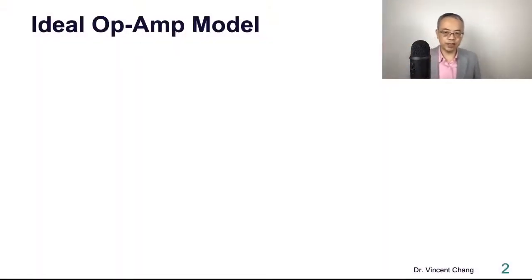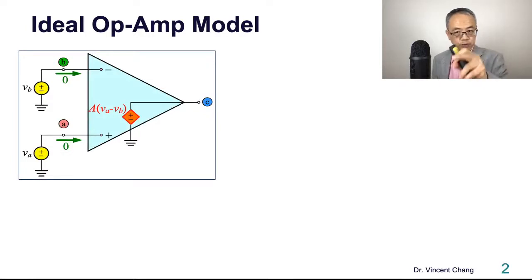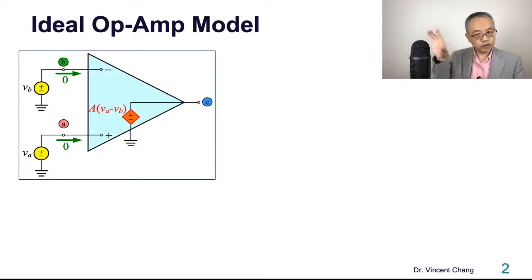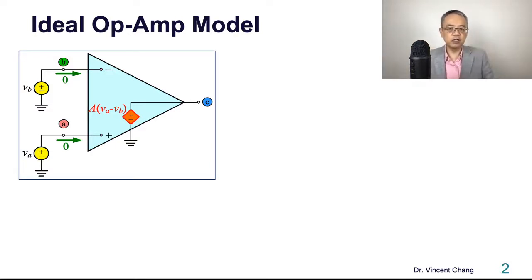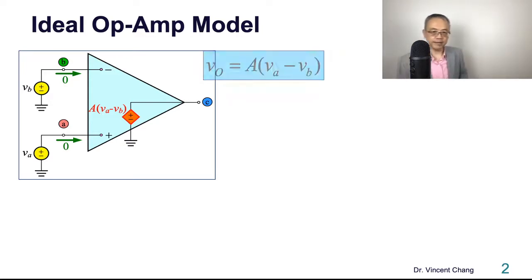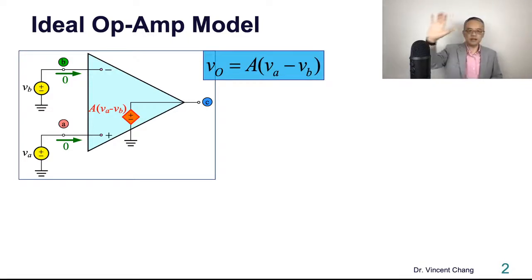Ideal operational amplifier model. You're supposed to be very familiar with this. Voltage controlled voltage source, but the voltage is the differential, the difference between non-inverting and inverting. And A is called open loop gain. So based on this model, it tells us a linear relationship between the single-ended output and the differential input, right?